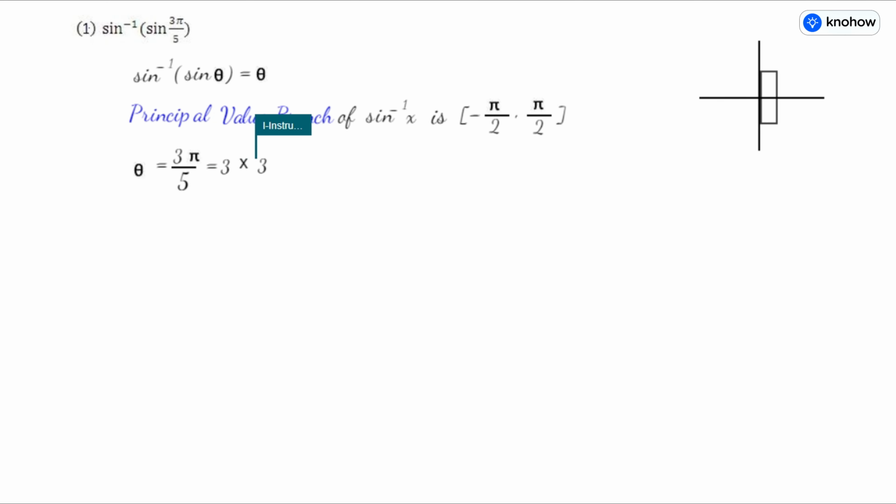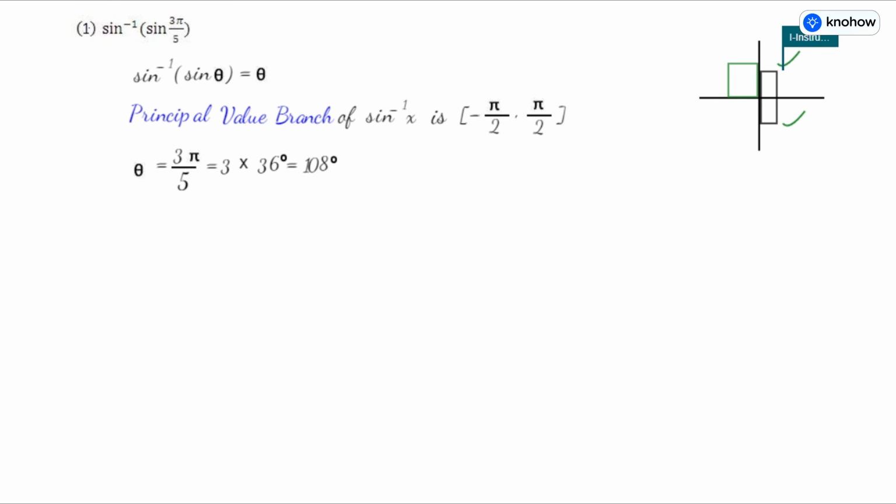If I convert it into degrees, it is 108 degrees. Does it lie in the first or fourth quadrant? No. So the angle involved is 108 degrees, which does not lie in the principal value branch.